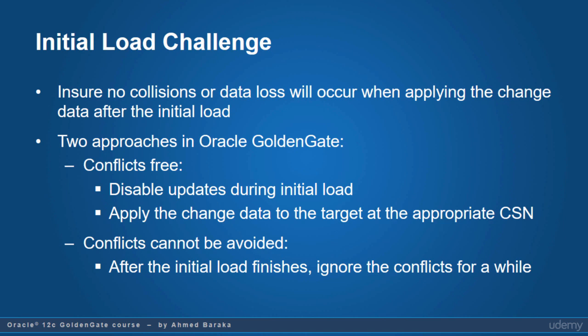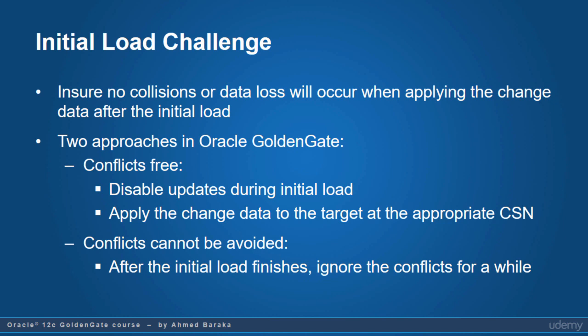Here I'm talking about the biggest challenge you may face when you implement the initial load. Suppose you started the initial load and it took 1 hour to finish. After the initial load, you will start the Oracle GoldenGate synchronization to keep the target database in sync with the source database. Now, the challenge is that you need to start the synchronization exactly after the timestamp of the instantiated dataset image.